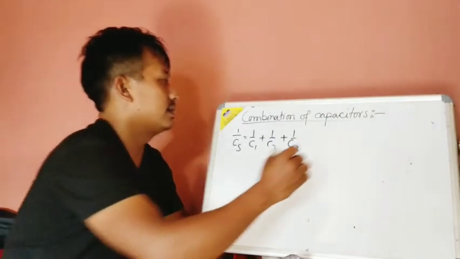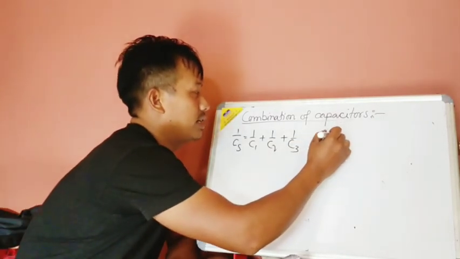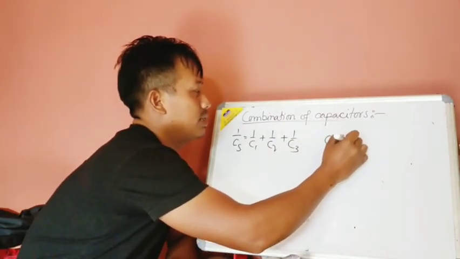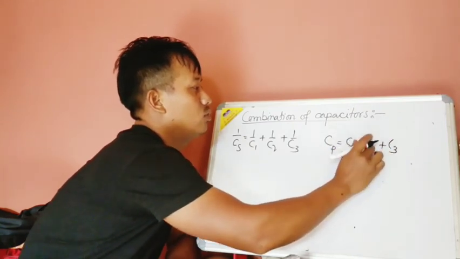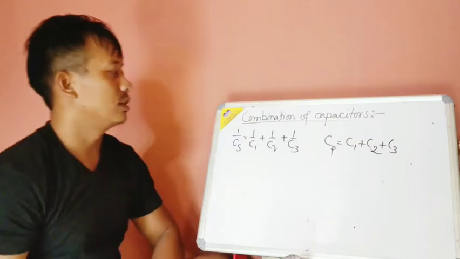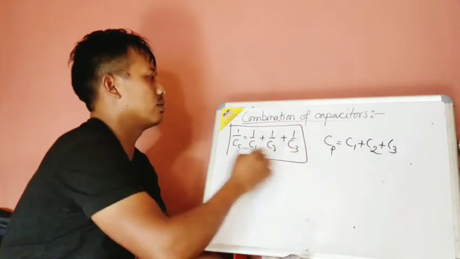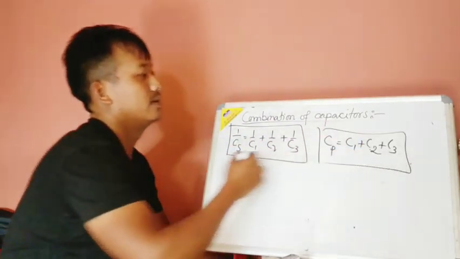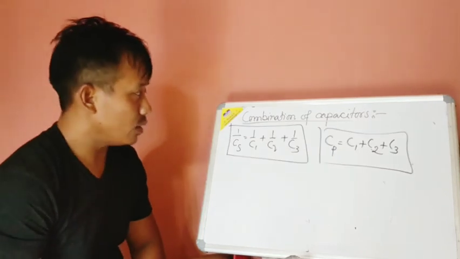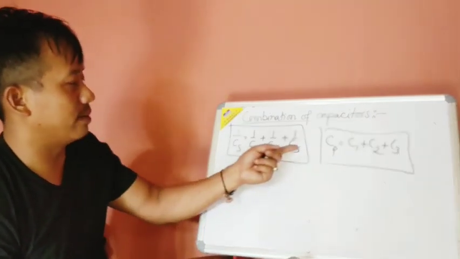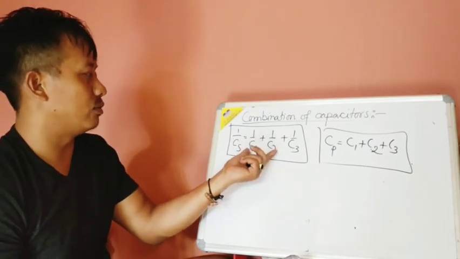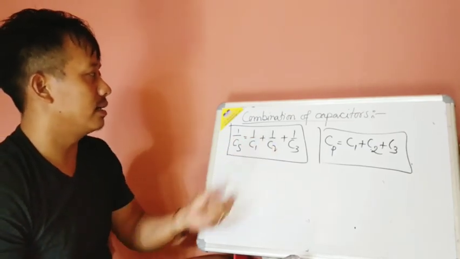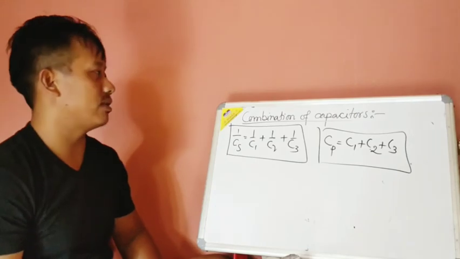In parallel combination, Cp is simply the sum of the three capacitances, C1, C2 and C3. By using these two formulas, you can solve so many problems. When you have three capacitors, you add up to C3. When you have two, you add up to C2. This is all about the combination of capacitors.